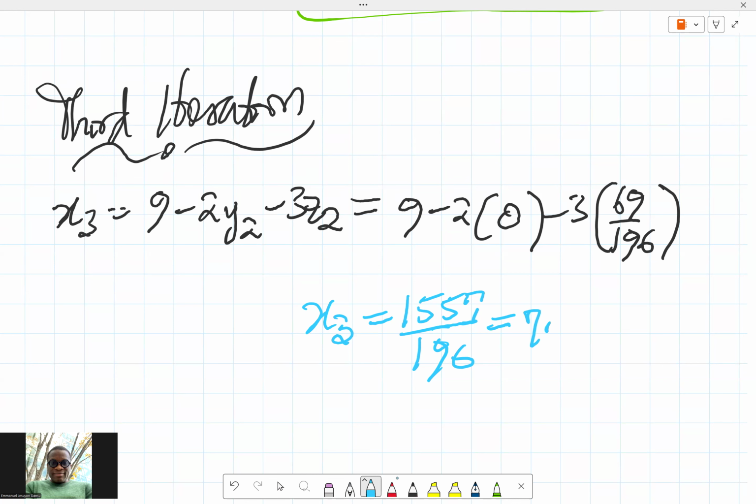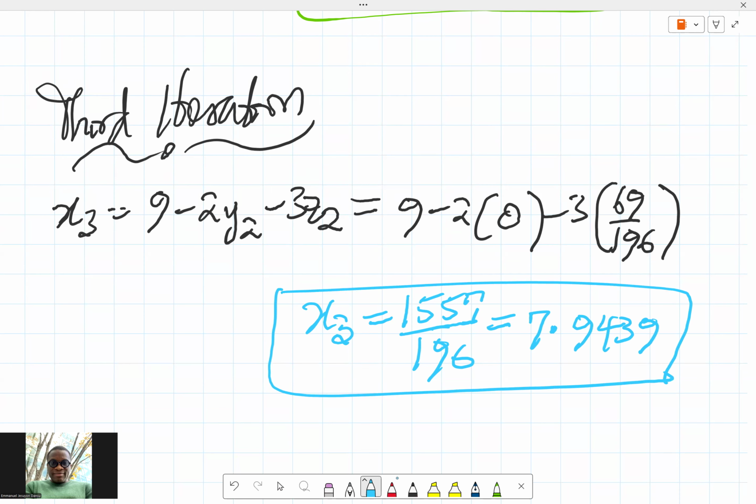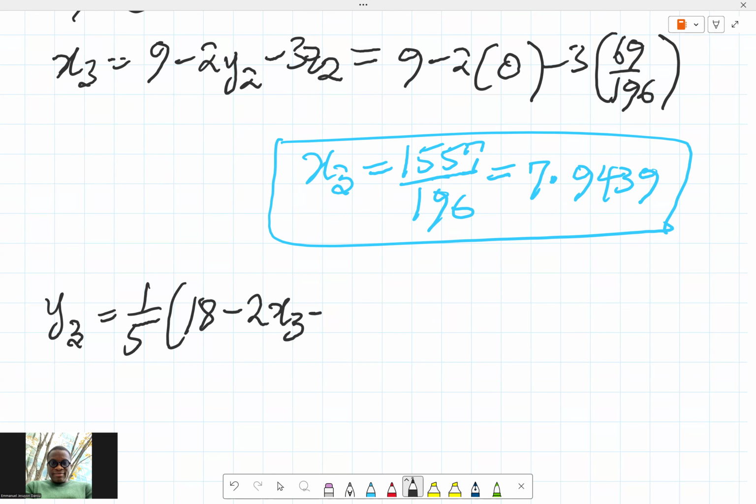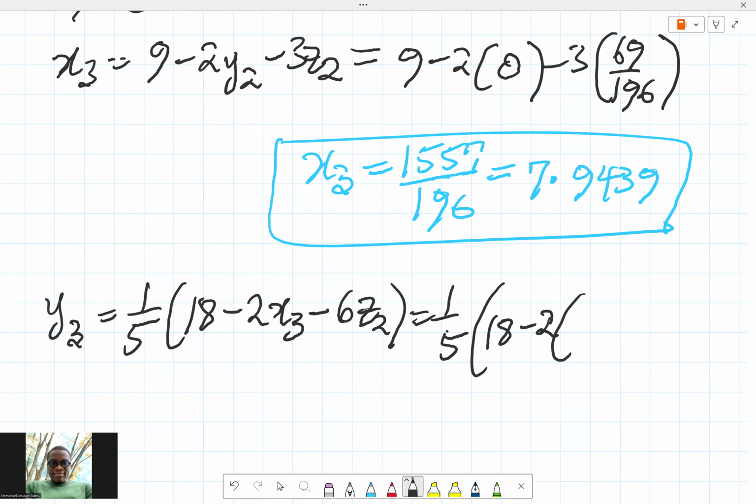So you can see the value has now reduced to 7.9439. You can see it's converging, whereas Jacobi wasn't converging this well. Then we can go for y3. Now that you have x3, you can use it directly, and y3 is 1 over 5 into 18 minus 2x3, which you just got, minus 6z2, since you don't have z3 yet. So you have 1 over 5 into 18 minus 2 into 1557 over 196, minus 6 into z2.